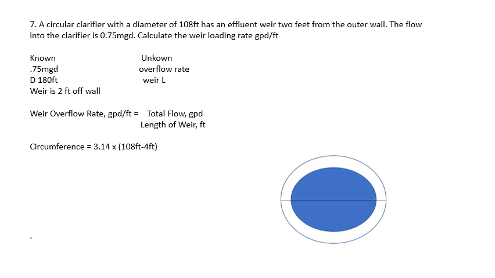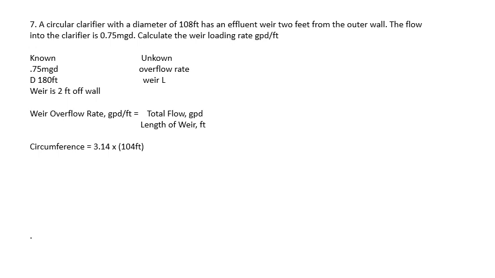There's 2 feet on each side, so 108 feet minus 4 feet gives you a diameter of 104 feet for the inner weir. Times 3.14 gives you 327 feet. So the length of that weir is 327 feet.